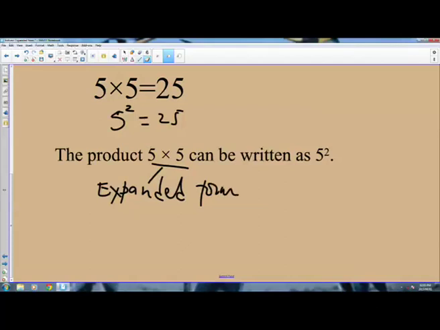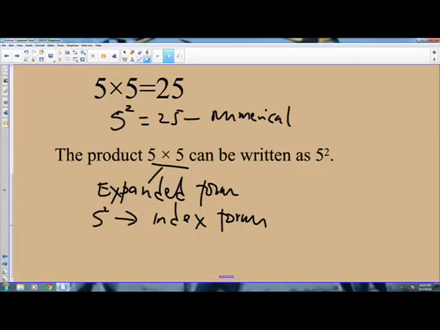And then the 5 squared, this is the index form, where our 25 here is the numerical value.